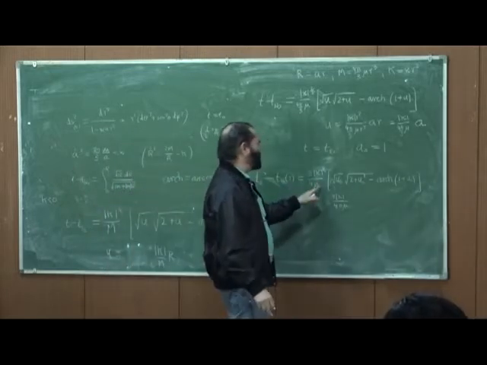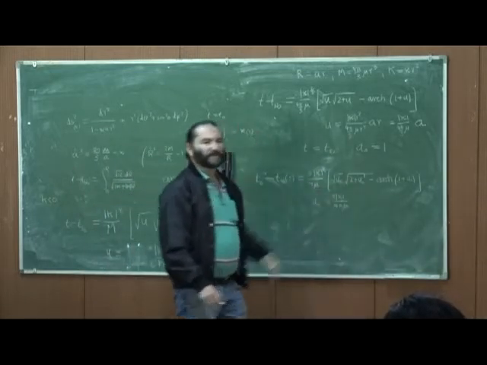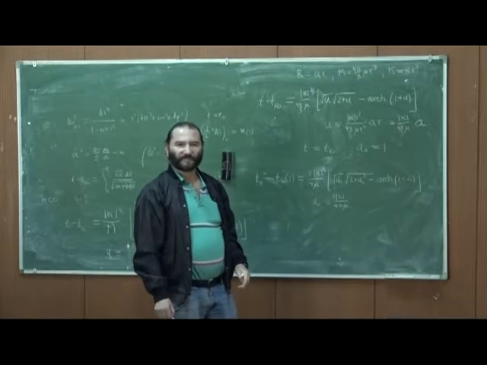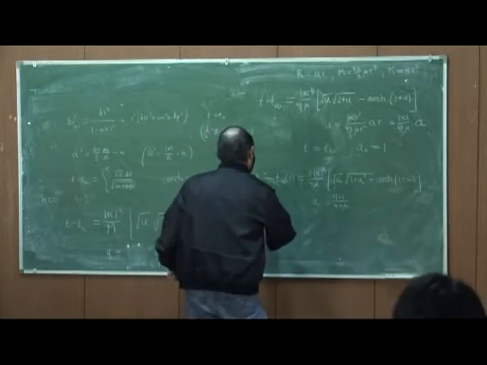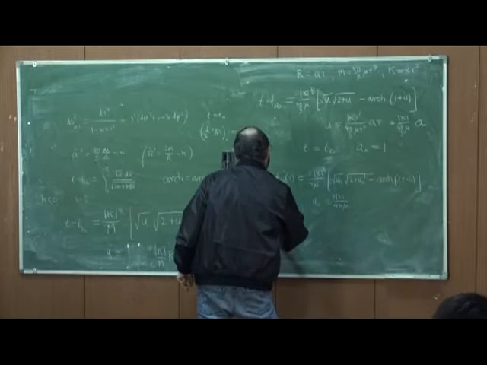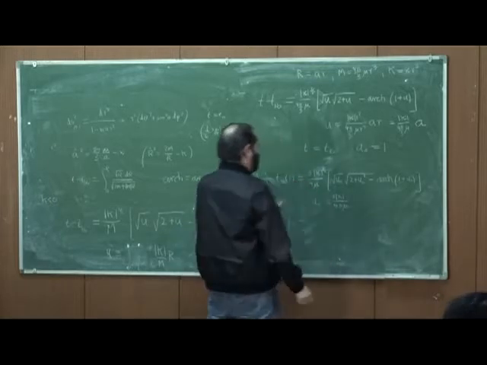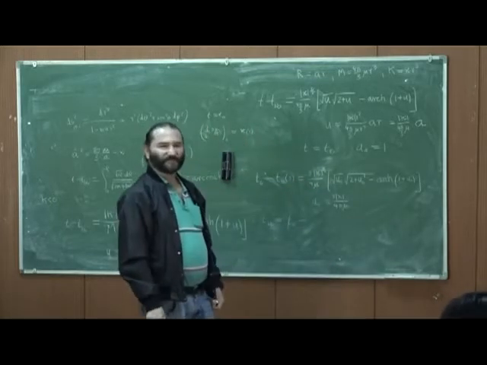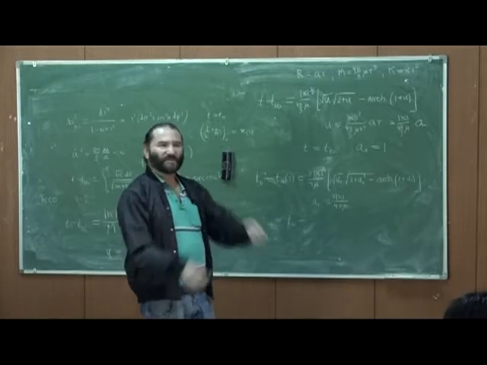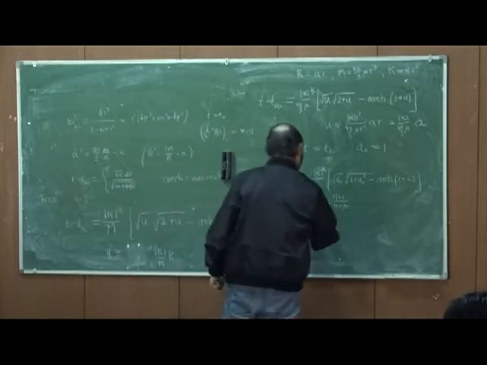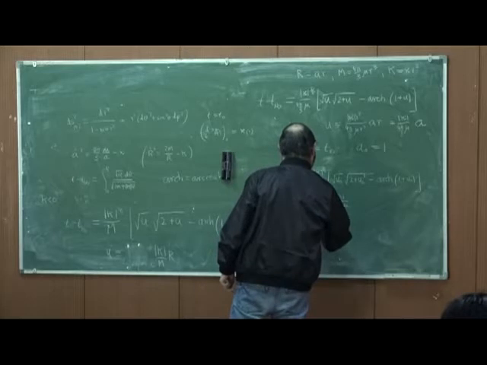Once we have chosen kappa and mu, this is all determined. Right? So we can write Big Bang time equals T0 minus all this.